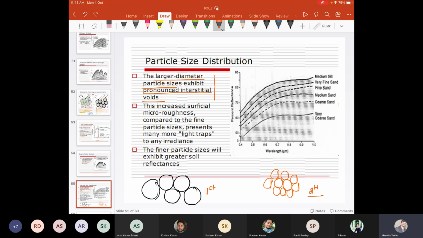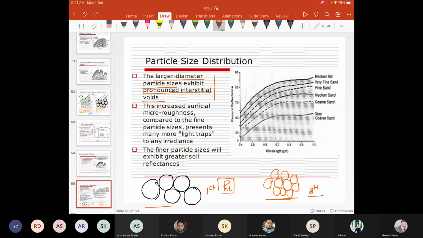See, when we were discussing diffuse and specular reflectance, we talked about the surface roughness, if you remember. In the second case, the surface is more smooth compared to the first.